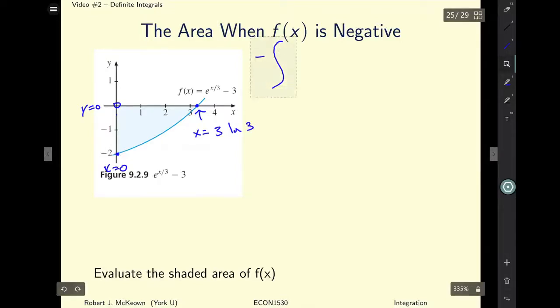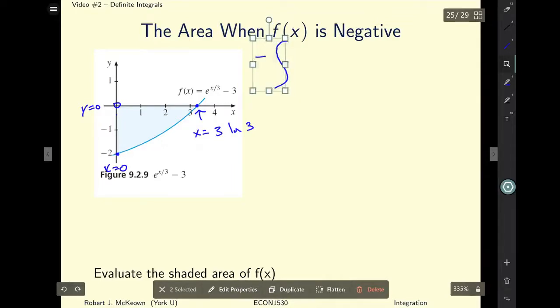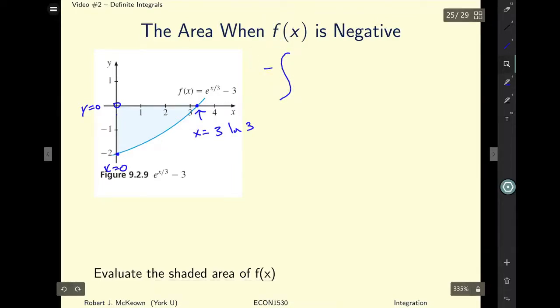Going back to my definite integral, I'm going to have 3 log 3 at the top and 0 at the bottom. So I haven't changed the limits of the integral.